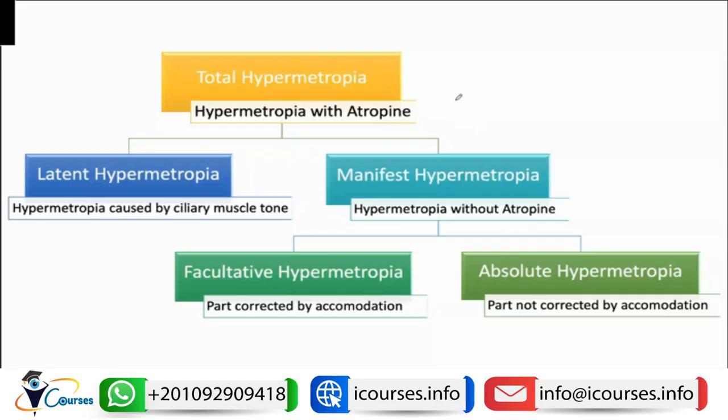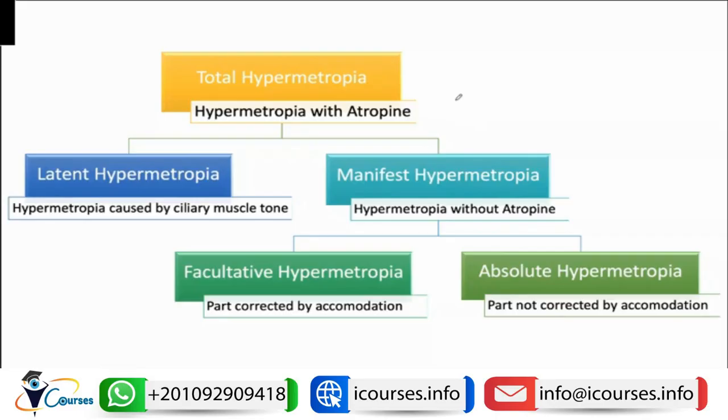meaning that if we have a hypermetropic patient, or any individual, and we put atropine in his eyes, this will relax the ciliary muscle, which otherwise has its contracting effect on the lens.